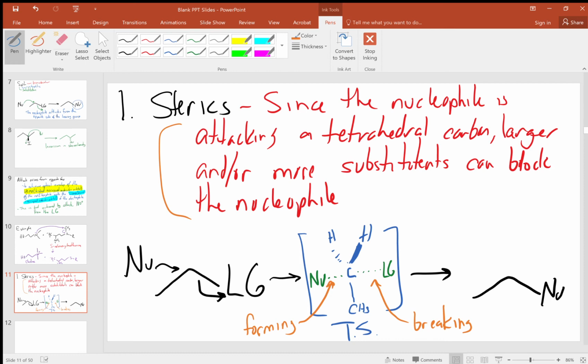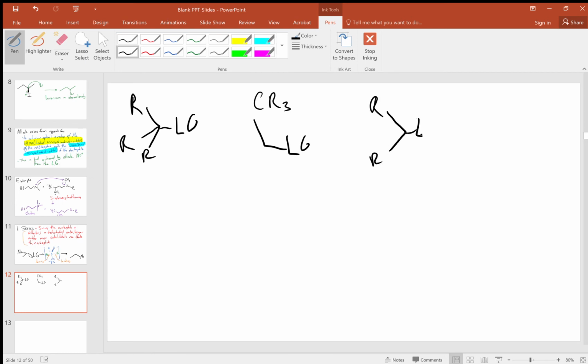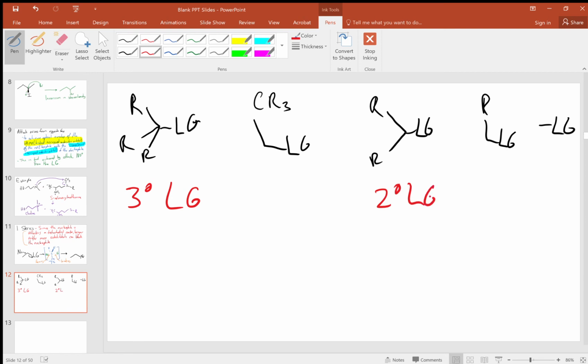And so we can look at some actual numbers here. And so what we have here, we have a tertiary leaving group, because the leaving group is on a tertiary carbon, secondary leaving group, primary leaving group, and then this would just be a methyl leaving group.